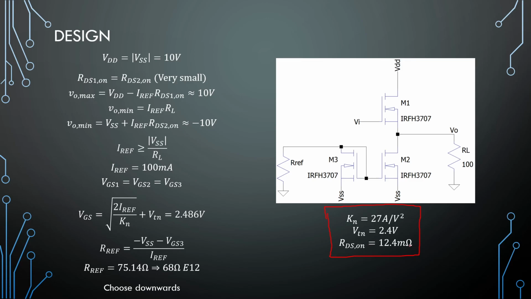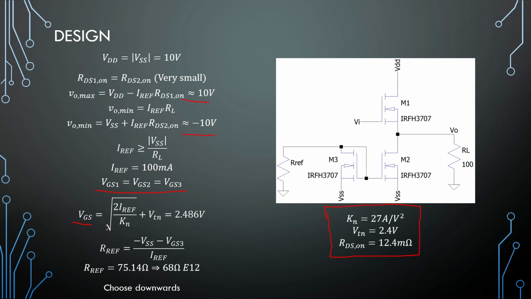So this being milliohms times 100 milliamperes, we can neglect this effect in general, so the output maximum and minimum is approximately plus minus 10 volts, so we can achieve rails here. IREF must be larger than VSS over R load, IREF being 100 milliamperes. All three of our VGSs will be the same.